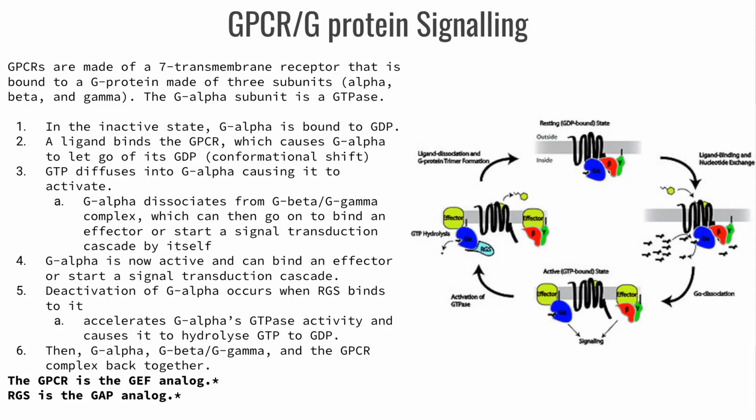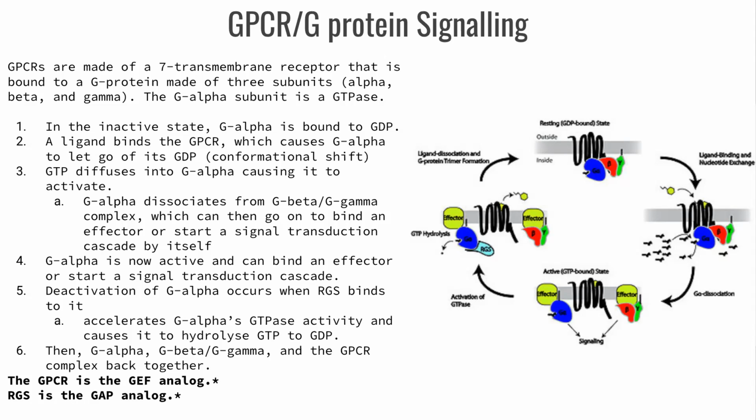The G proteins on the inside of the cell that bind the GPCR are made up of three subunits: the alpha subunit, the beta subunit, and the gamma subunit. The only GTPase is the G alpha subunit.